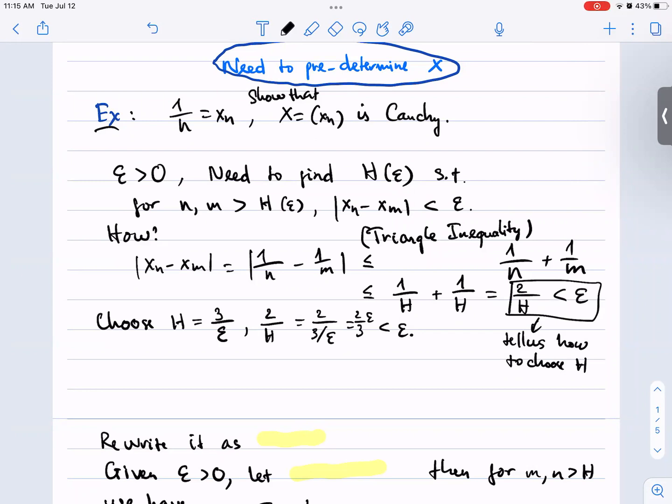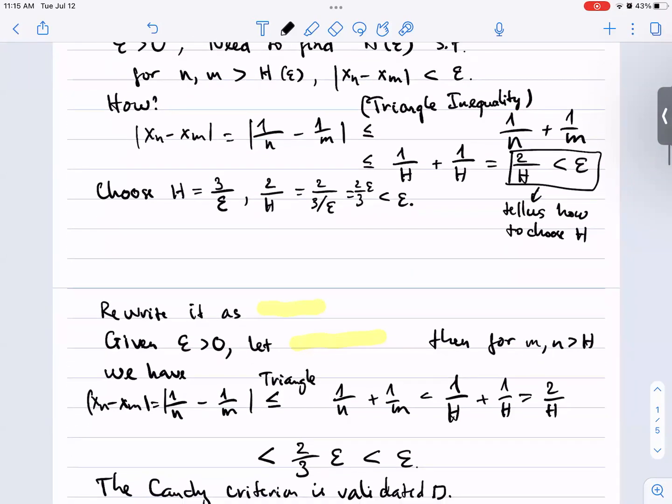So actually, the thinking process here tells us how to choose h. Precisely, we choose h to be equal to 3 over epsilon, for example. Then 2 over h is going to be equal to 2 over 3 over epsilon, which is 2/3 of epsilon, which is smaller than epsilon.